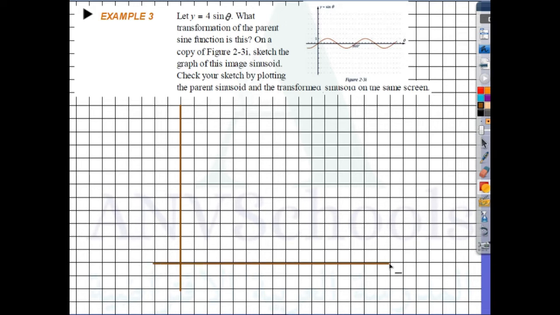So to a certain extent, these are my x values, and this would be for my y values. Let's make it like that.